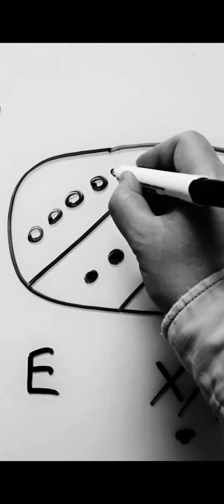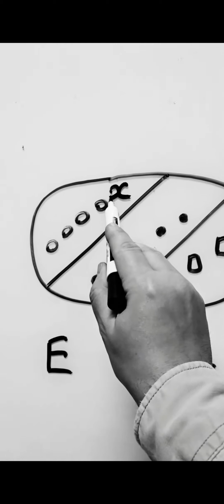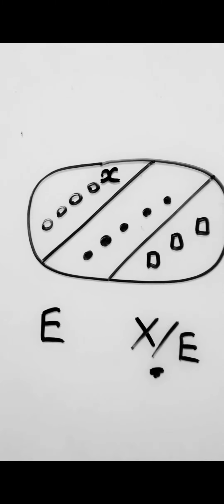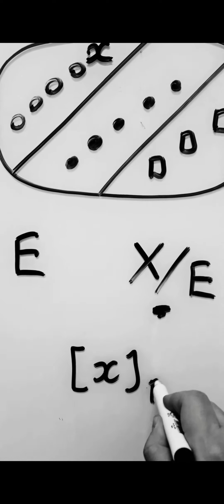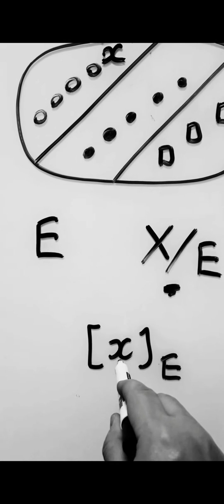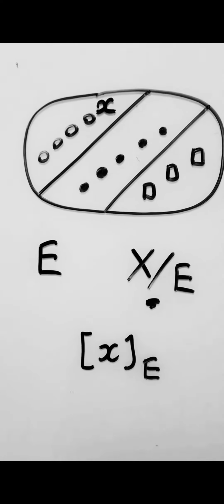For an individual element of X, let's say this one, the small x over here, the block inside which x can be found is written as this. You put square brackets around your object and the name of the equivalence relation as a subscript.